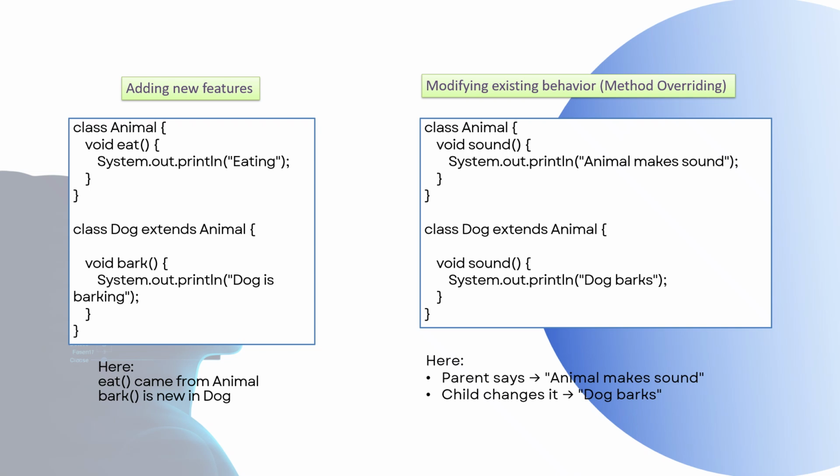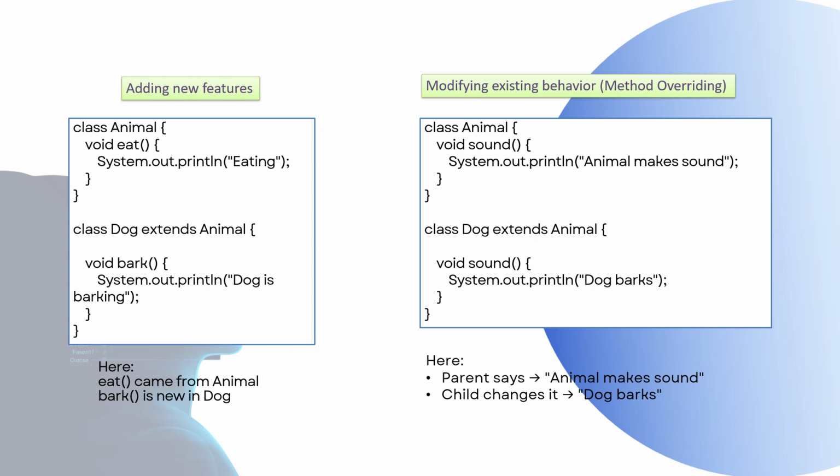In this first example code, we have a parent class called Animal and inside it we have a method called eat. Next, we have a child class called Dog which extends the Animal class. Inside the Dog class, we added a new method called bark.